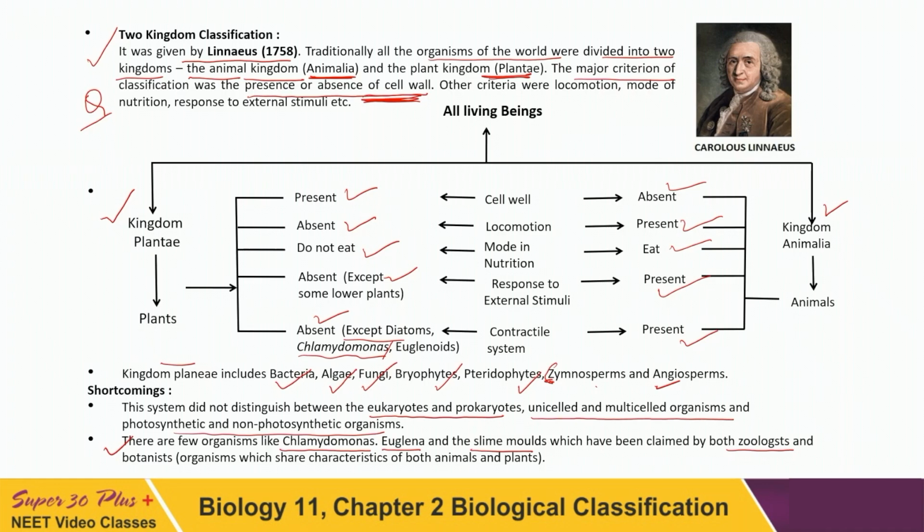But even then, Linnaeus gave his classification in 1758 and it was the most popular one, and it stood as a very good type of classification even for 100 years. After about 100 years, it was felt that this classification needed to be revised, and the three kingdom classification was given.